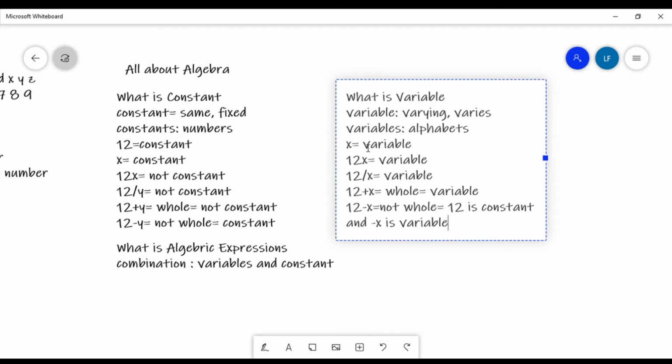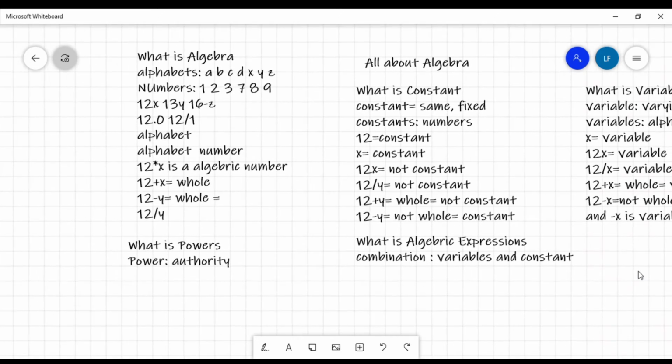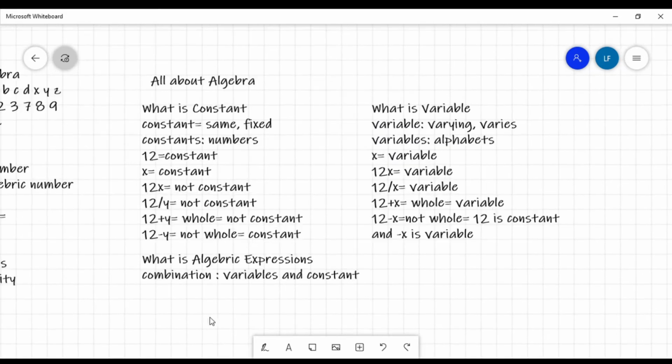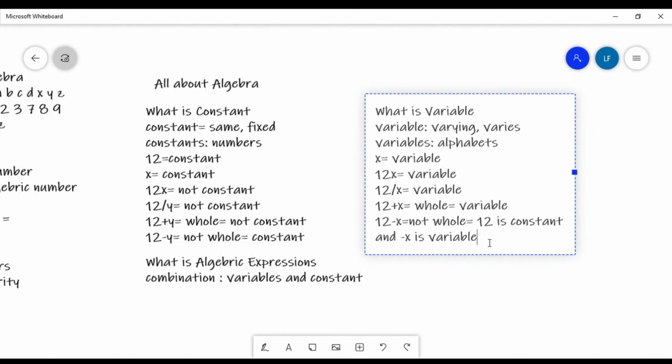Algebra consists of both variables, right here, and numbers. The most commonly used variables are x, y, z, a, b, c.